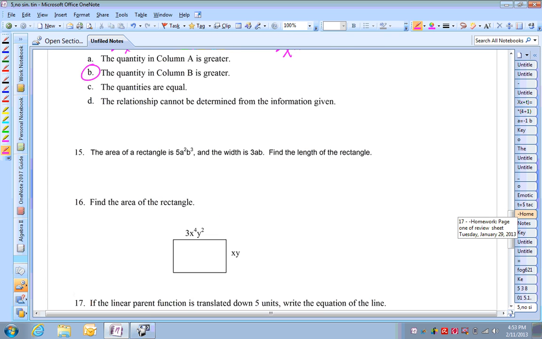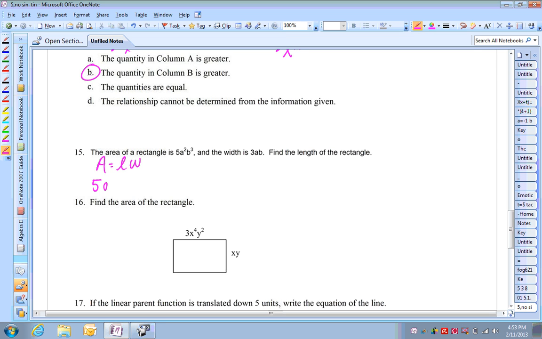In problem 15, it says the area of a rectangle is 5 times a squared times b cubed, and the width is 3 times a times b. Find the length of the rectangle. Well, the area of a rectangle is equal to the length times the width. So if we want the length by itself, we're going to plug in.